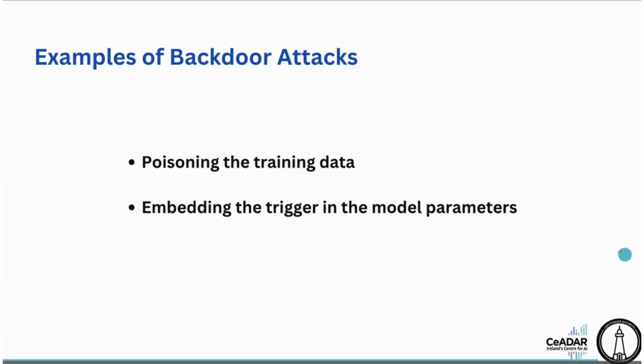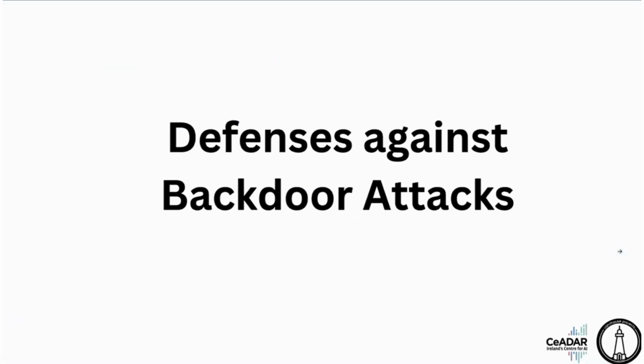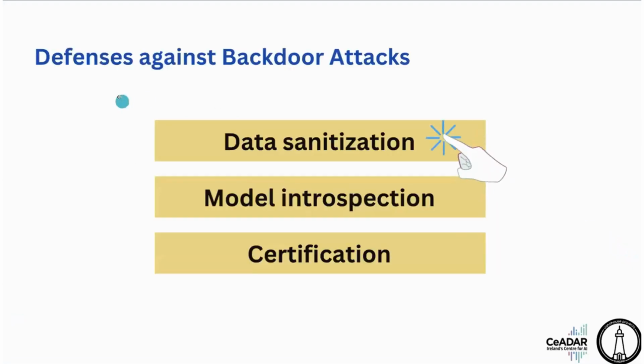So let's talk about how we can defend against these backdoor attacks and what the different mechanisms are. There are three different defense mechanisms: data sanitization, data introspection, and certification. Data sanitization means cleaning the data completely and removing potential malicious data points.